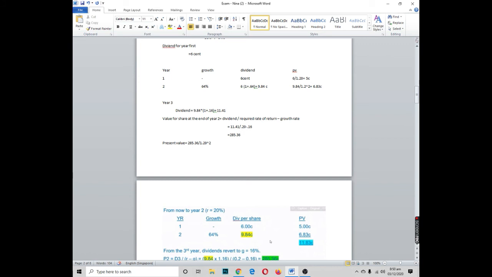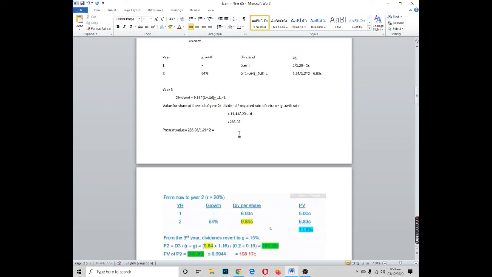Again, why do we write 2? Same, when we apply the constant growth formula, it gives the value 1 year back. So we found the value 285.36 at the end of year 2, and when finding the present value today, we raise to power 2. So the answer will be 198.17 cent.